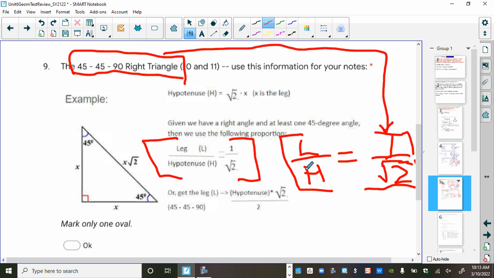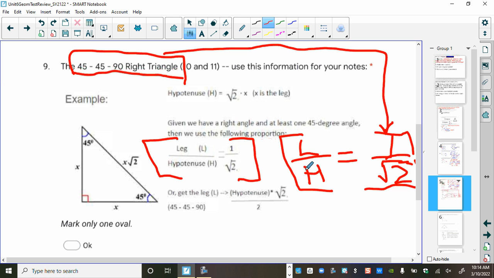Flip to the next page, where the first problem on the side says 4 square root of 2, number 10. I want you to rewrite this proportion on the top of that page.